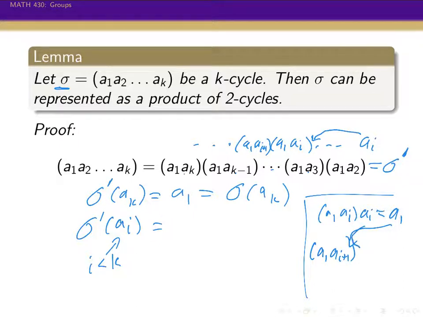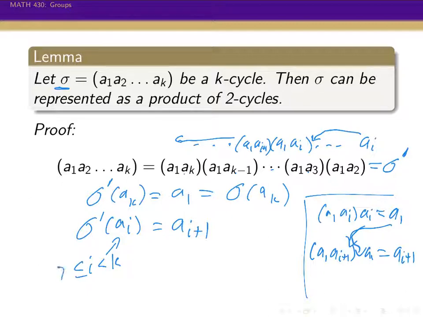And so A1 AI plus 1 applied to A1 is going to give us AI plus 1, and then AI plus 1 doesn't appear anywhere else down the line. So sigma prime of AI is going to give us AI plus 1. And this really works for all I going all the way down.